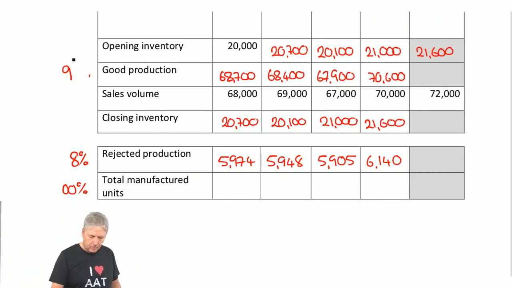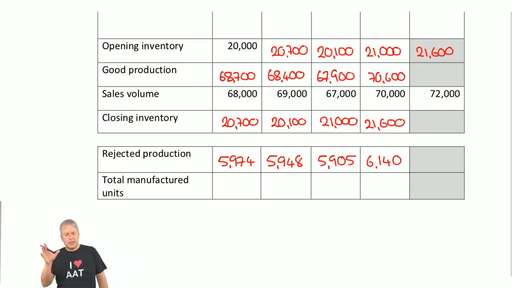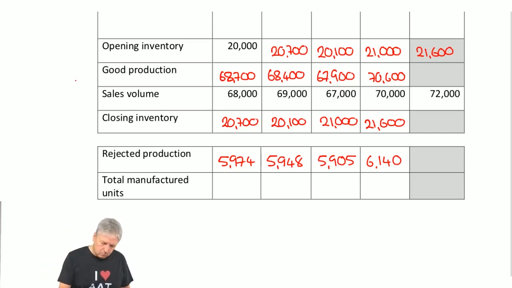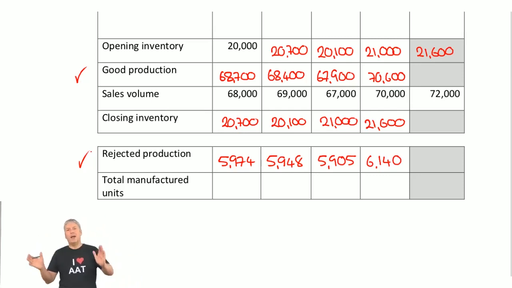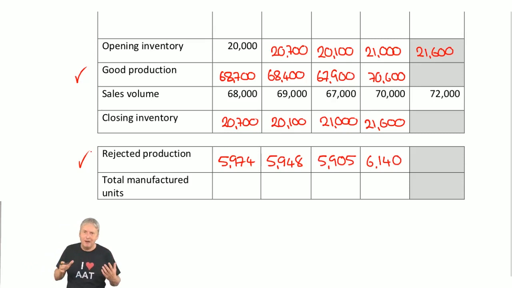In fact, I'm going to get rid of more just so it's easier for us to see. Yes, in order to get the total manufactured units, it's not difficult, it's just adding those two. But make sure when you add them, because I did this twice wrongly when I was preparing this question, make sure that you add the correct two numbers together.